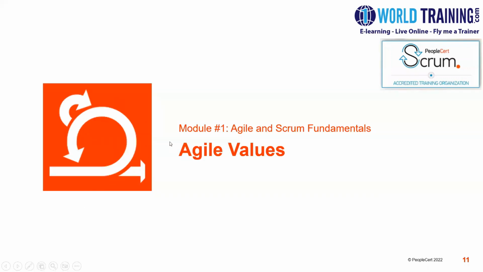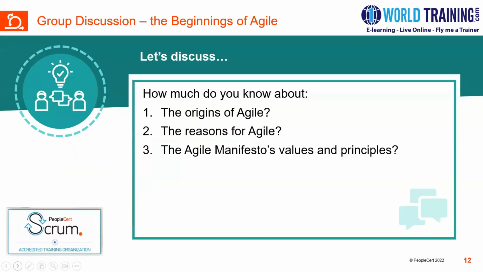Module 1, Agile and Scrum fundamentals: we will discuss the Agile values in detail. Before we start, let's have a quick group discussion. Let's do a bit of brainstorming about the beginning of Agile.